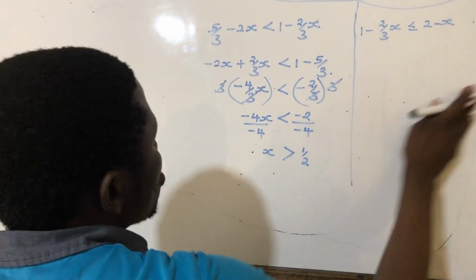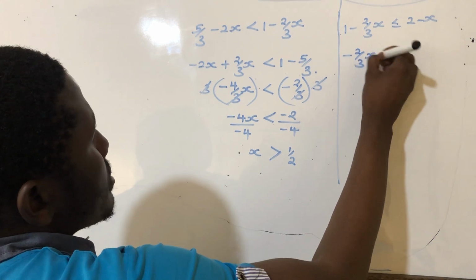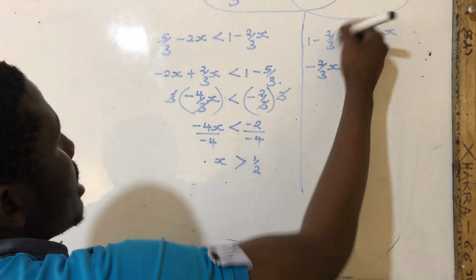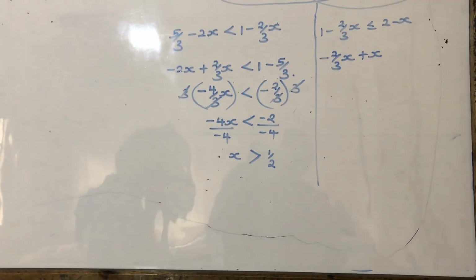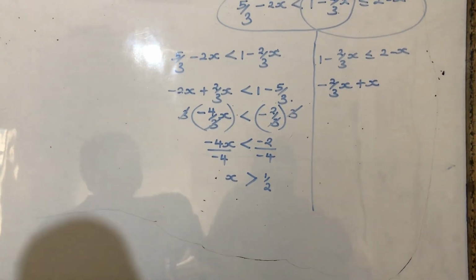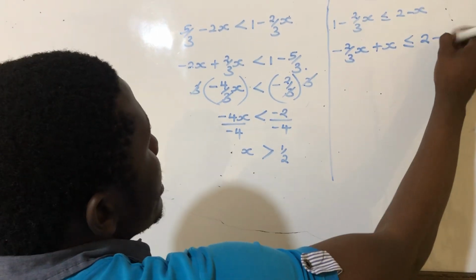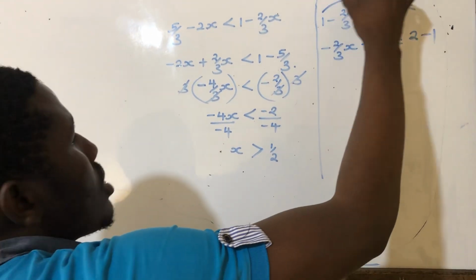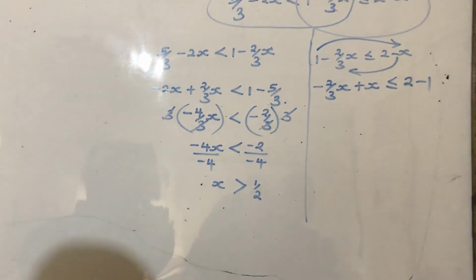That brings us to this one. Negative 2 over 3 of x. We'll carry this x to this other side to become a positive x. It's less than or equal to 2 minus 1. The 1 will cross to the other side, the x will come to this other side.